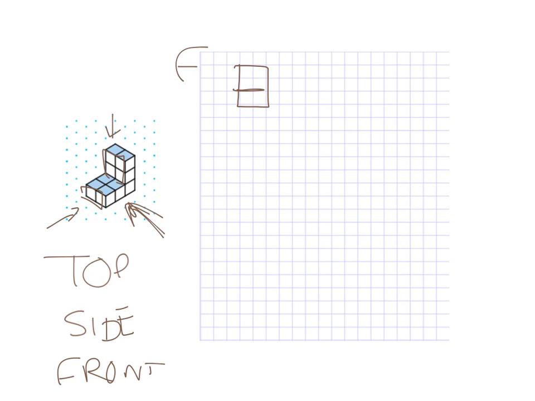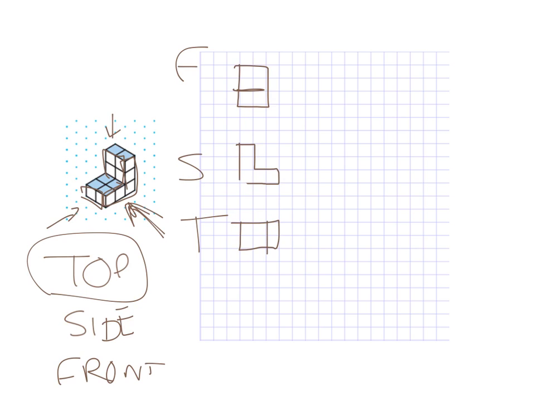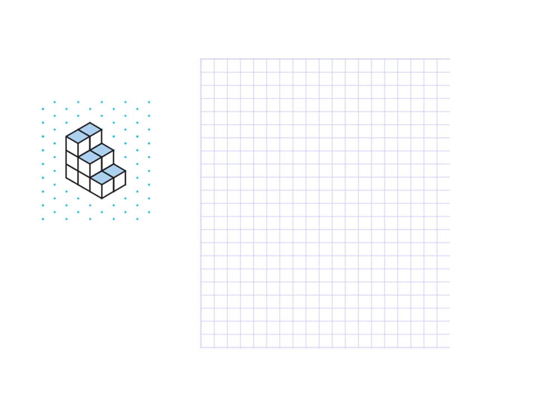From the side, I see 3 blocks and 2 blocks in the shape of an L. So I'm going to go right there. So that's going to be my side view. And then what's left? The top view. If I'm looking down, the top view, again, I see 6 blocks. That would be my front, my side, and my top view.